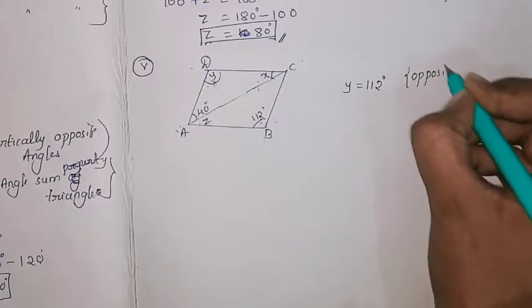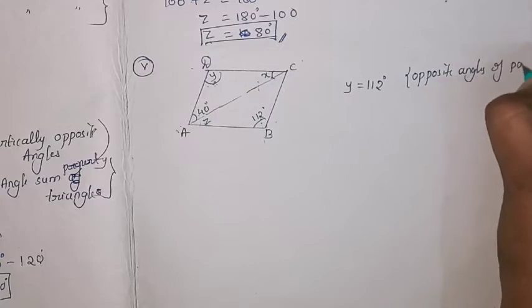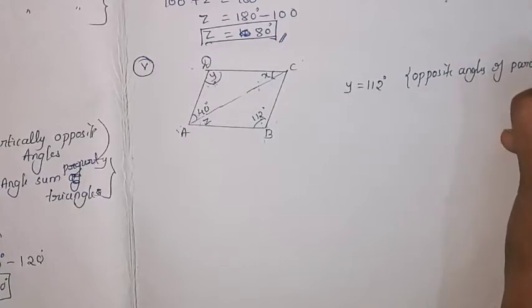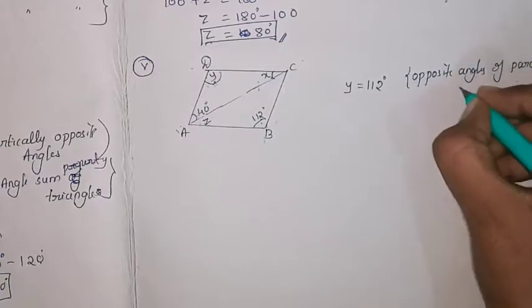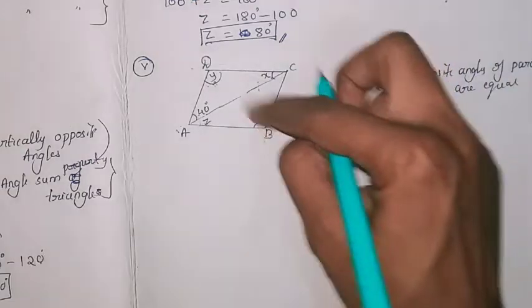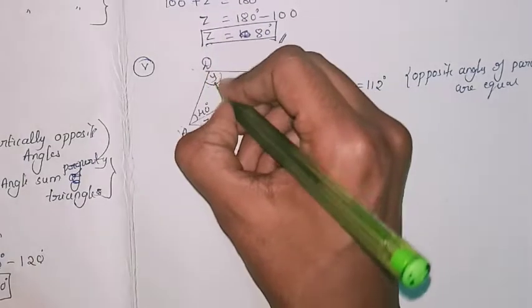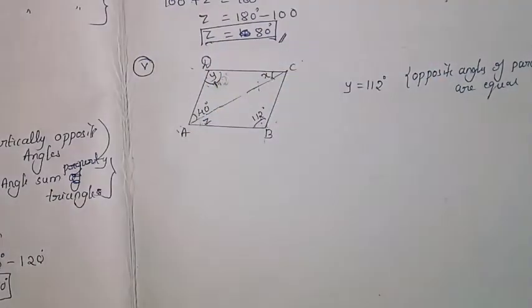We'll write that opposite angles of a parallelogram are equal. Now we got this value, 112 degree.